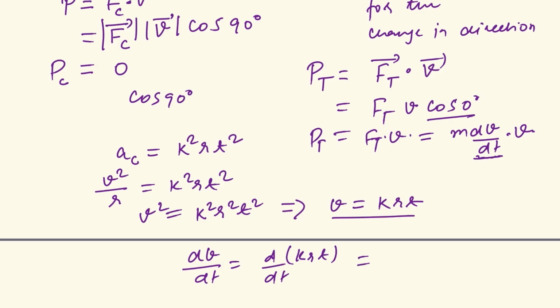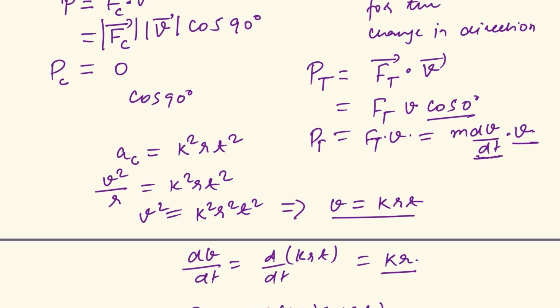K is constant, r is constant, and t is variable, so the differentiation is kr. We substitute dv upon dt equal to kr and the velocity v equal to krt to get the power delivered by the tangential force. That is m times kr multiplied with krt. So the final result is m k square r square t.